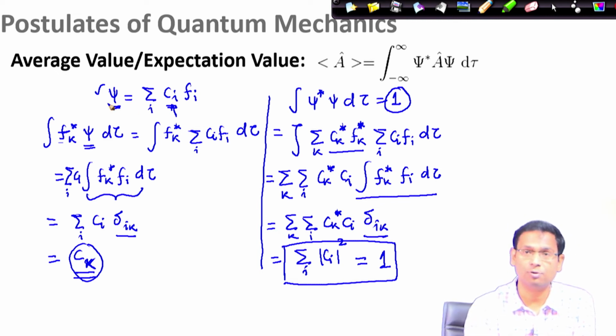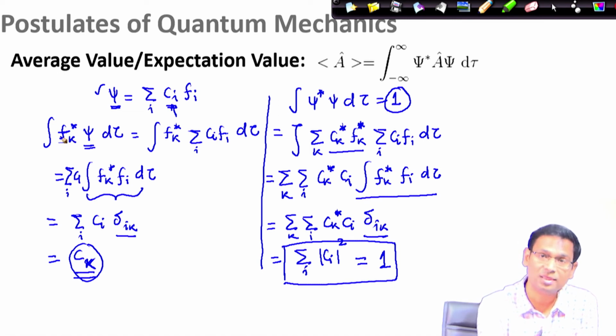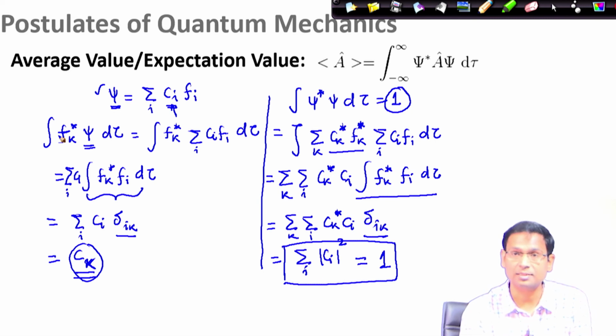That when I express this arbitrary function as a linear combination of these eigenfunctions, the coefficients c_i are simply the overlap integral of the arbitrary function with the eigenfunction, and the sum of the squares of these coefficients is going to be 1. Now, we would use the information that we discussed in today's class in one example.